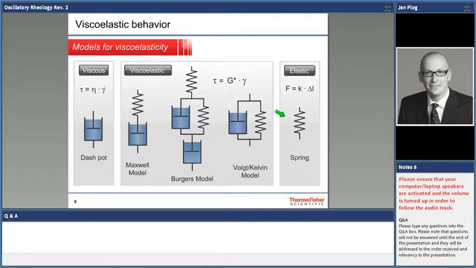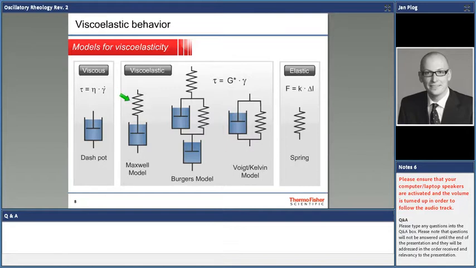Then on the other end of the spectrum, we have the purely elastic spring. We talked about that. Hooke's law: you put force on your elastic body, it will be extended to a certain extent, and the extent depends purely on the spring constant, in our case, as we'll talk about a little bit later on, the modulus. And then we have the real world, the in-between world, viscous and elastic components thrown together.